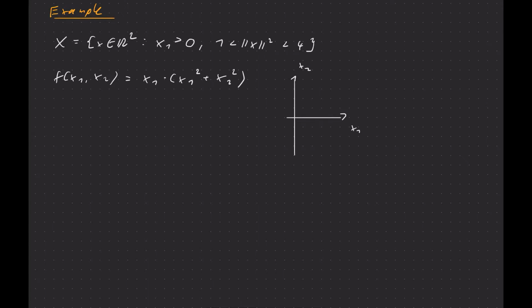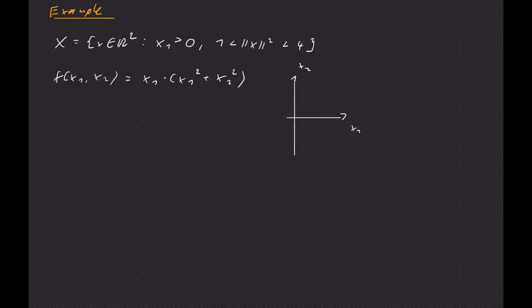What these two conditions say is, the first one, x1 is positive, so we are on this side of the coordinate system. What this condition says is that the norm squared is between 1 and 4. So the norm itself, without the square, will be between 1 and 2.